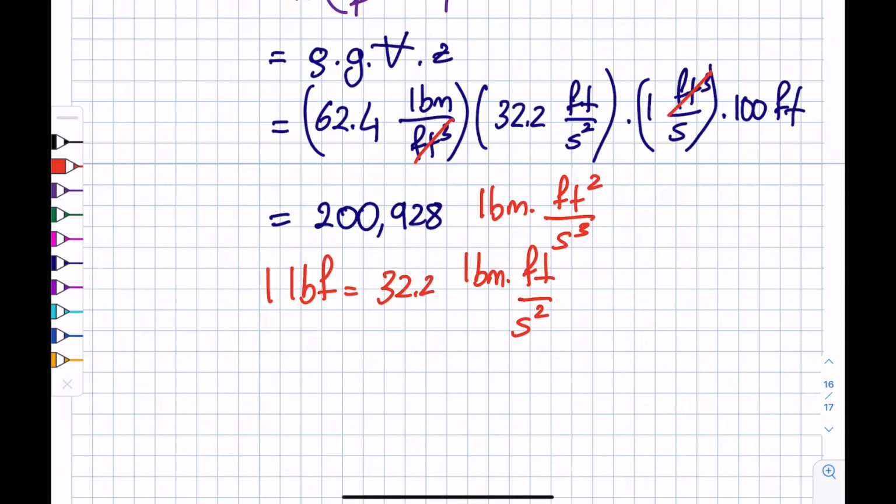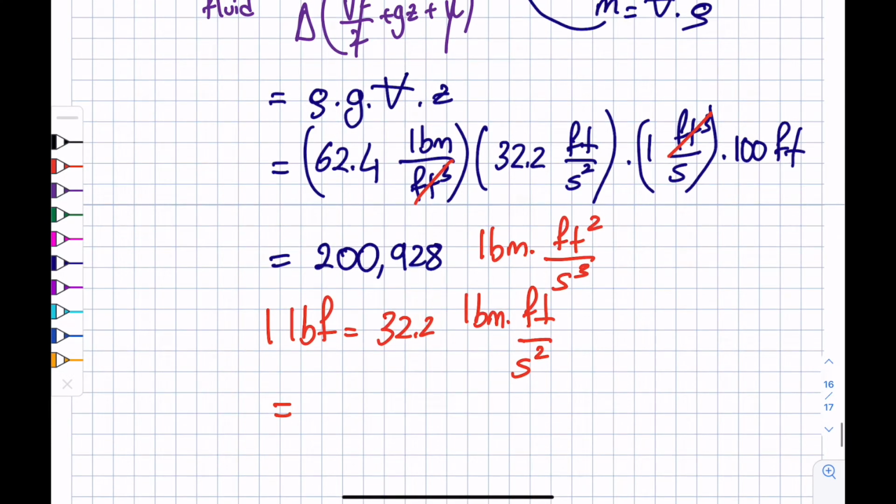So I simply want to do that substitution over here, so I have to divide. I'm doing the long cut; you don't actually have to do it this way, you can take a shortcut. I'm going to divide this by 32.2.